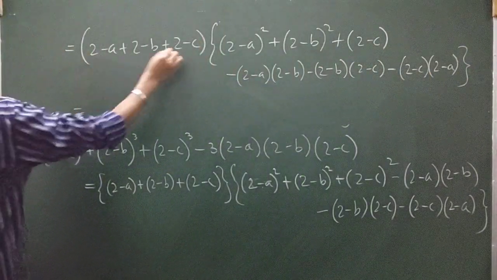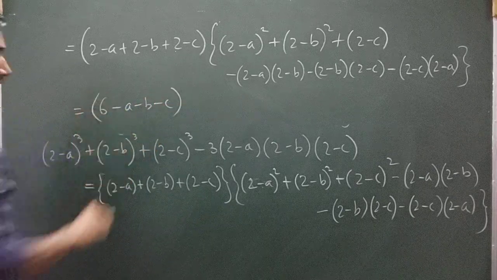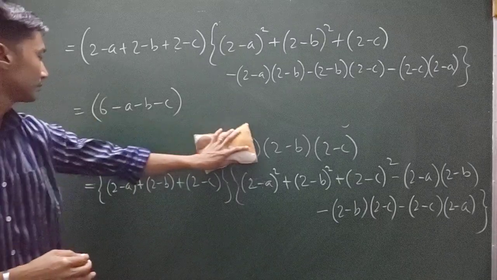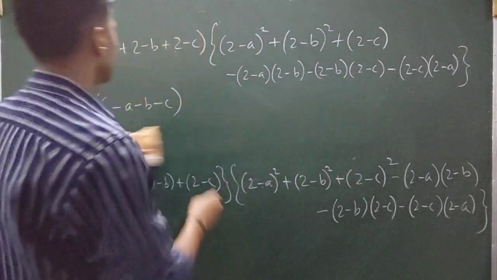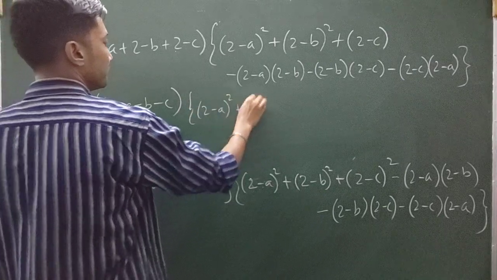Now you see 2 plus 2 plus 2, 6 minus a minus b minus c. And this one, okay, again.